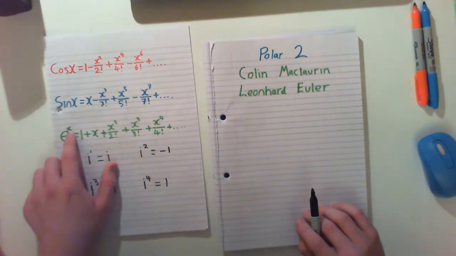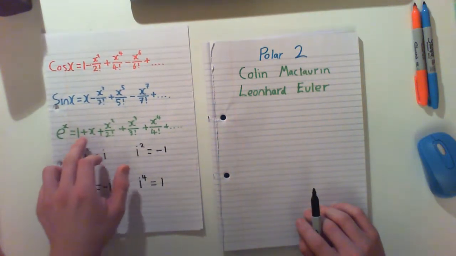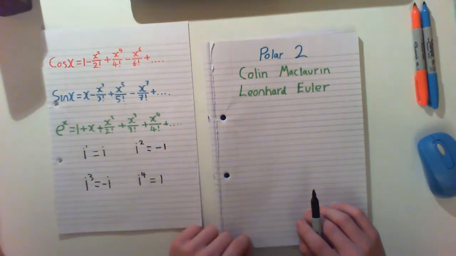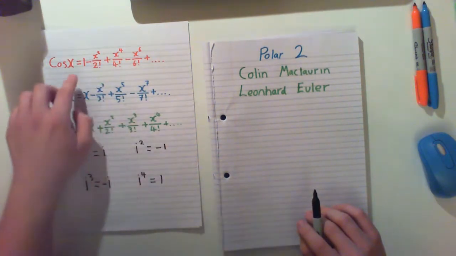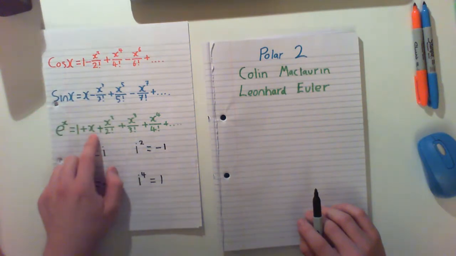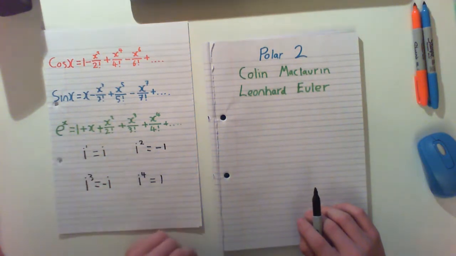Whereas e raised to the x goes from x to the 0, x to the 1, 2, 3, 4, all the way up, and the signs never swap. And also notice they're all over the factorials, where this is over 1 factorial, this is over 1 factorial, and this is over 0 factorial, where 0 factorial is also equal to 1, and I do have another video on that.